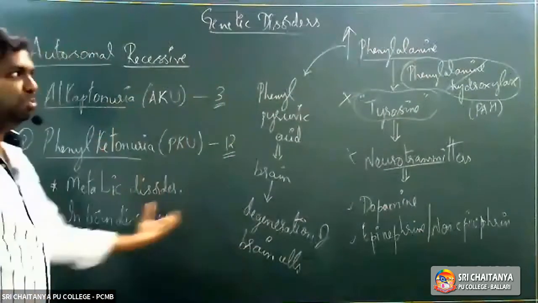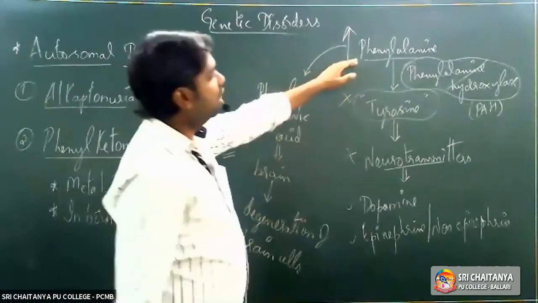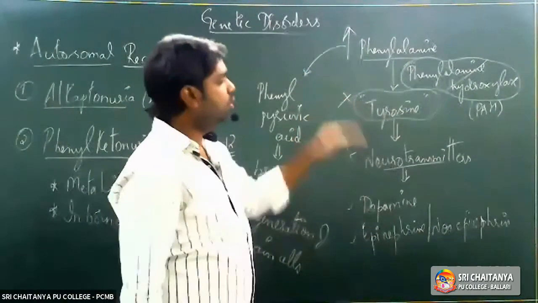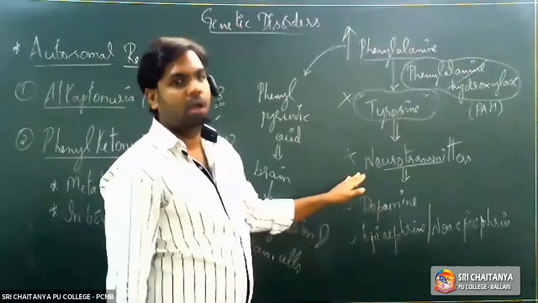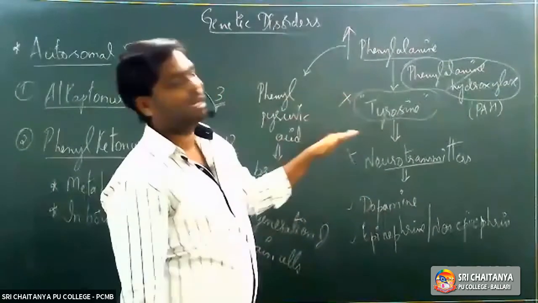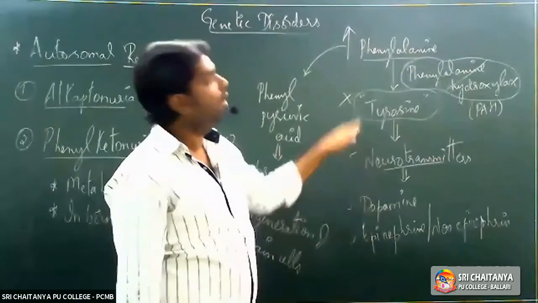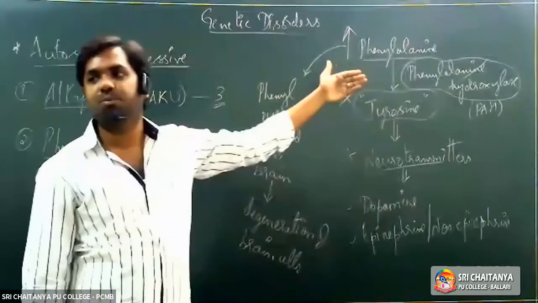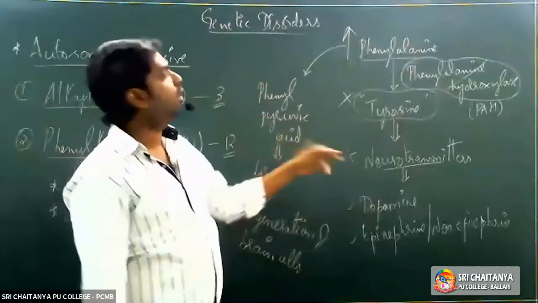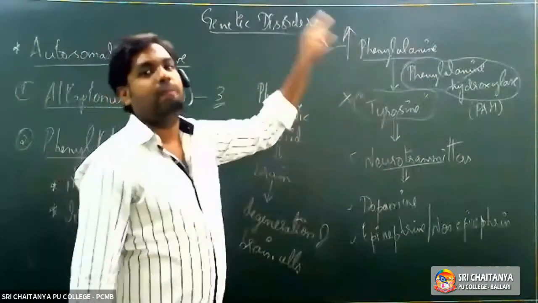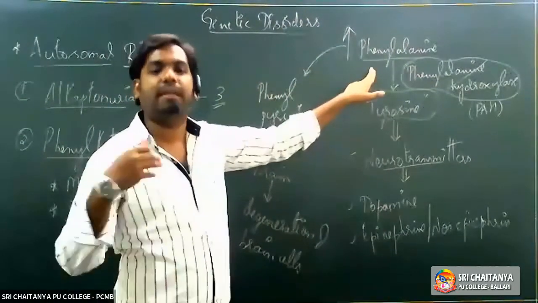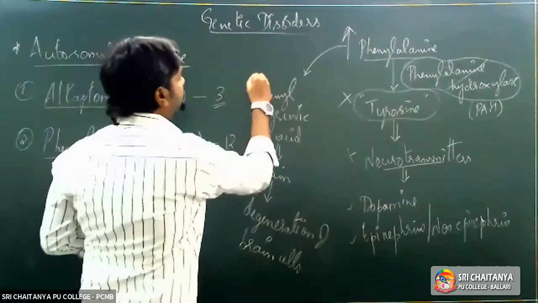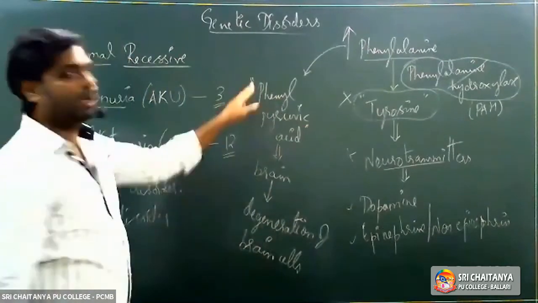Now, because of this mutation, phenylalanine is not getting converted to tyrosine, right? As a result, the neurotransmitters are not being formed. So, if phenylalanine is not getting converted to tyrosine, what would happen? The phenylalanine concentration in the body will start increasing. Now, because the phenylalanine concentration in the body increases, this phenylalanine will now be transformed into another compound called phenylpyruvic acid.